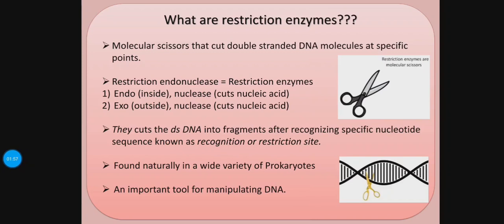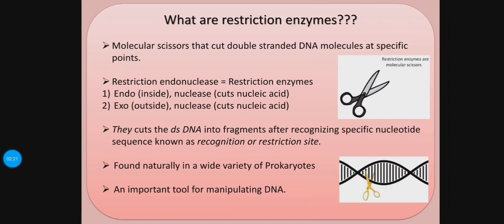So this restriction enzyme generally recognizes the nucleotide sequence in the DNA molecule and then makes a cut or break within that sequence or somewhere else, and that's the beauty and uniqueness of this restriction enzyme.